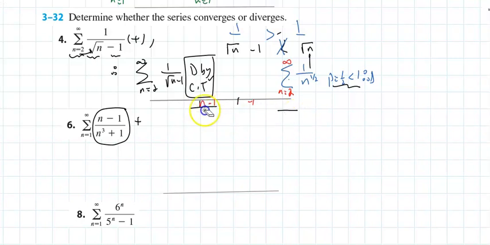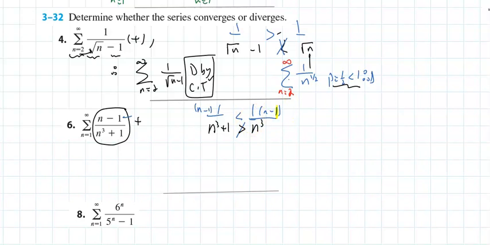I'm going to look at n cubed plus 1 and n cubed. n cubed plus 1 is bigger. When I put 1 over, that becomes less than. I'm going to tag the top, so multiply by n minus 1. That's not a problem. Nothing changes because that's positive. And now I'm going to try to see if I can get rid of that 1.